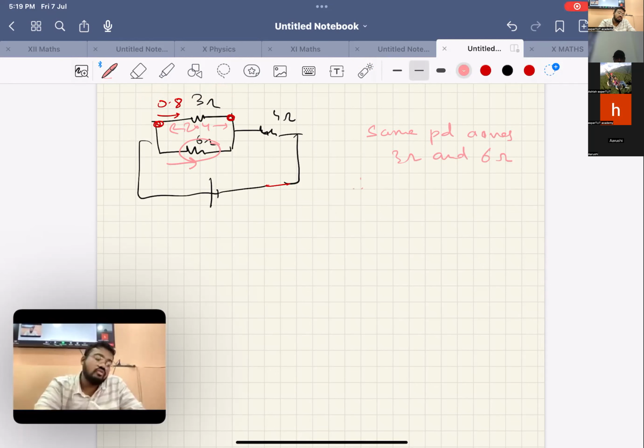Therefore I through the 6 ohm is equal to, no, not 0.8. What is the potential drop? 2.4 divided by 6, that is equal to 0.4 ampere. So the current through the lower branch is 0.4 ampere.